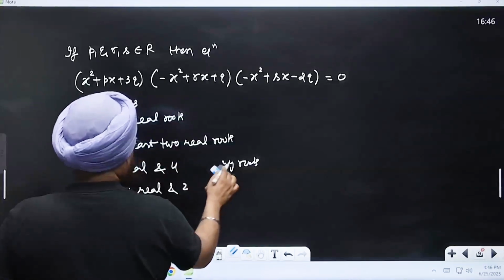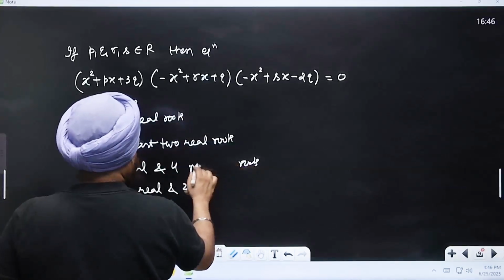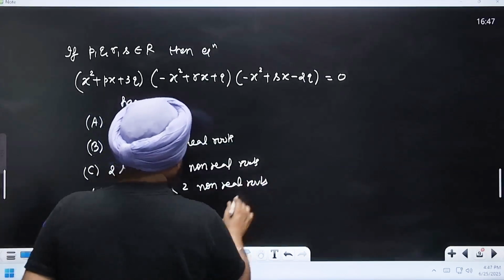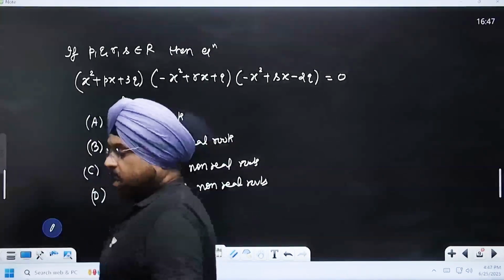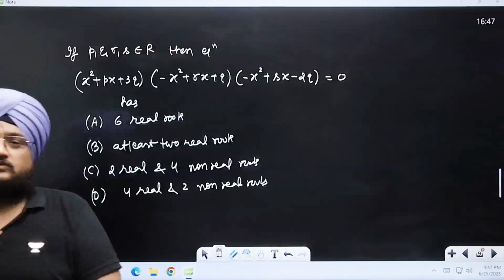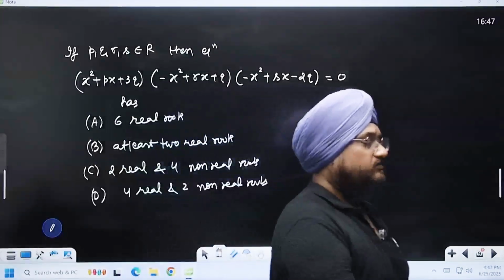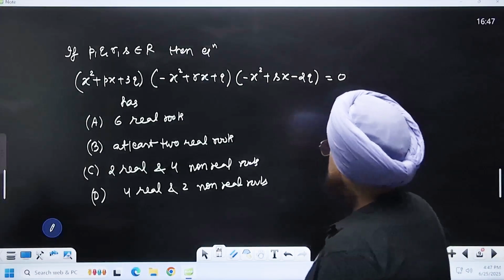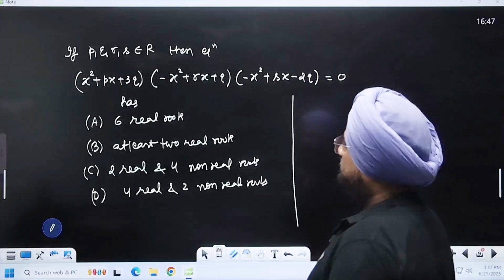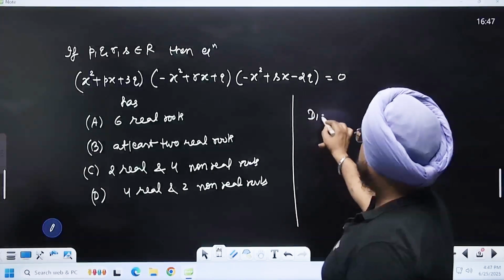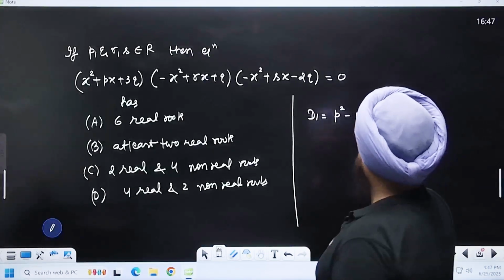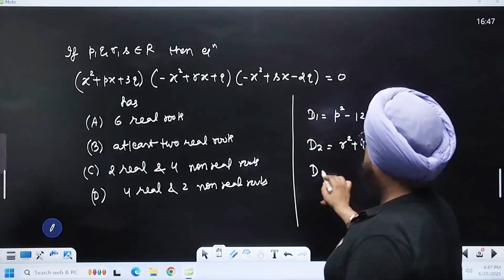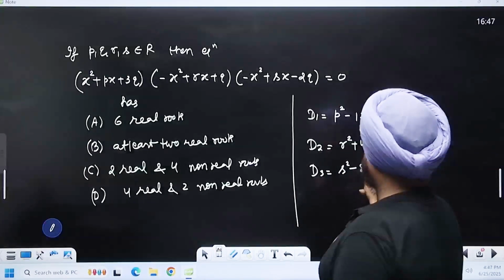Yeah, you can say non-real roots. So we need to find the nature of roots, either real or non-real. There are 3 quadratic equations, so in total there will be 6 roots. Discriminant of the first is p square minus 12q. Discriminant of the second is r square plus 4q. Discriminant of the third is s square minus 8q.